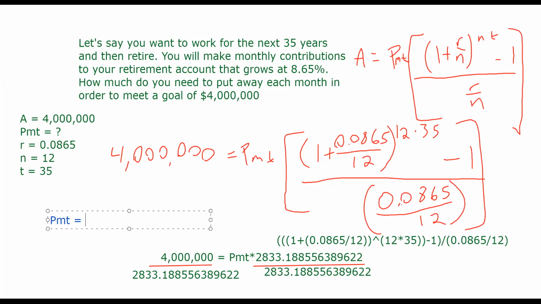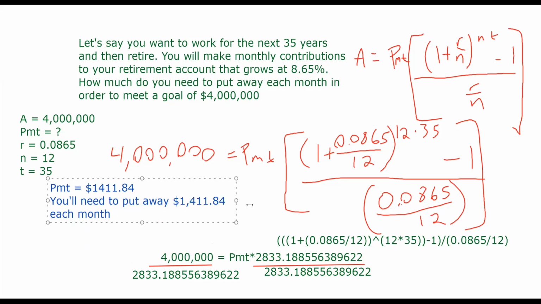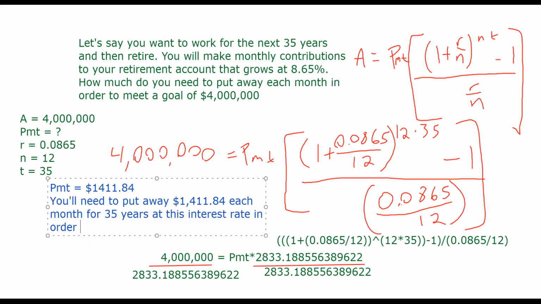You'll need to put, still a lot of money, $1,411.84 each month. That's nothing to sniff at, and you gotta do that every month for 35 years at this interest rate in order to have your $4 million nest egg to retire on.